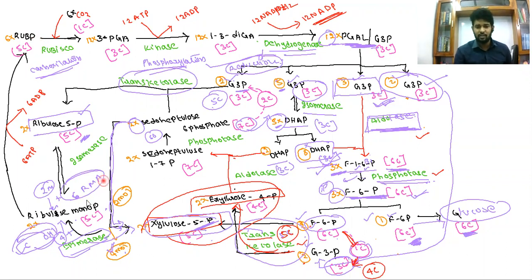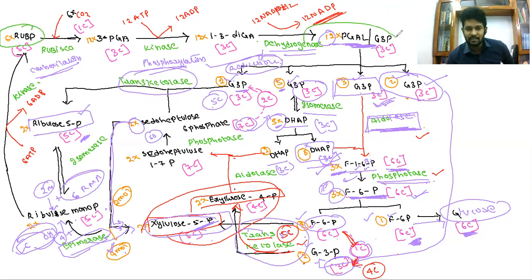Here it is a monophosphate, so we have to add ATP. 6 molecules of ribulose monophosphate are there, so we add 6 ATP to this process. So it turns into ribulose 1,5 bisphosphate, or ribulose 1,5 diphosphate. This process is catalyzed by the enzyme kinase. Totally we are getting again 6 RuBP.